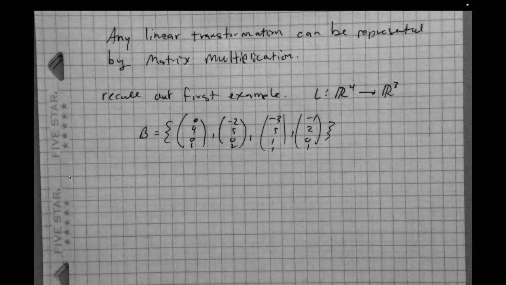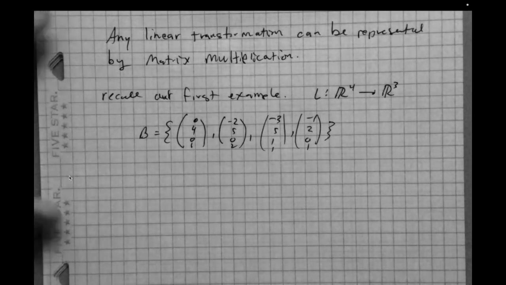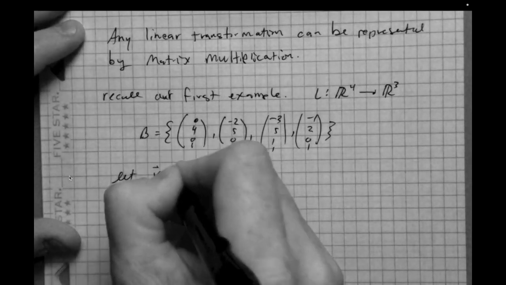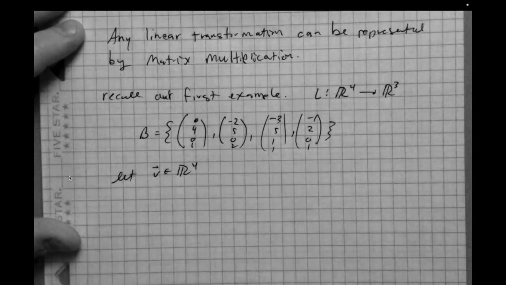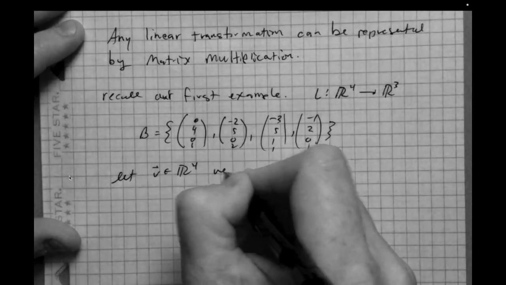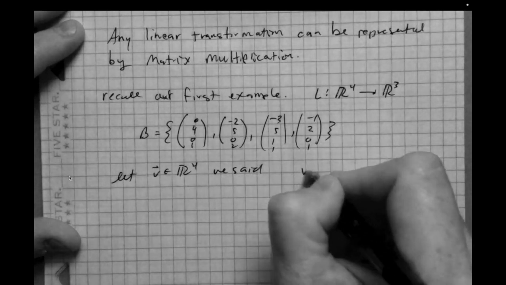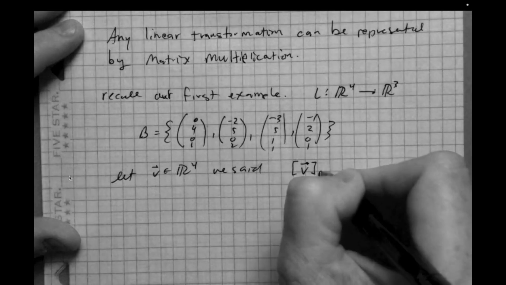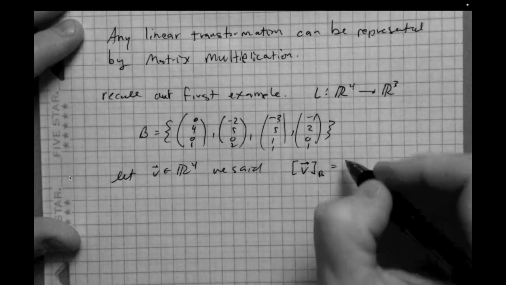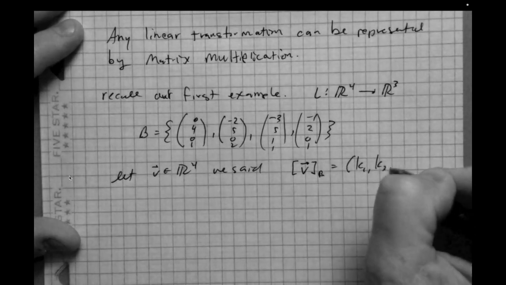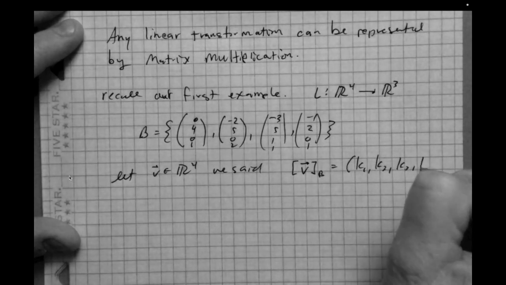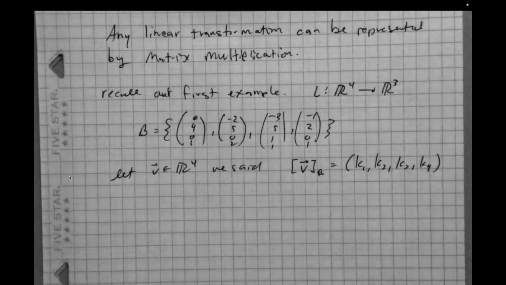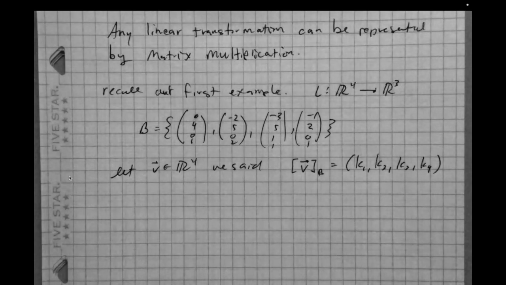Okay, so this is our ordered basis from the previous example. And again, remember we let V be any vector in R4. Then the coordinatization of V under B, we used K1, K2, K3, K4 as our notation for that.